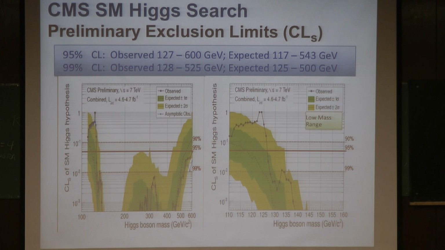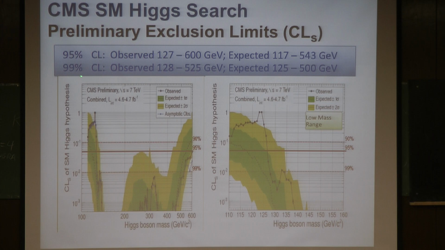If we want to look at the different yellow and green bands again, for the standard model Higgs hypothesis, the 95% preliminary exclusions for the observed is 125 through 600, when the expected was 117 to 543 at 95% confidence level.